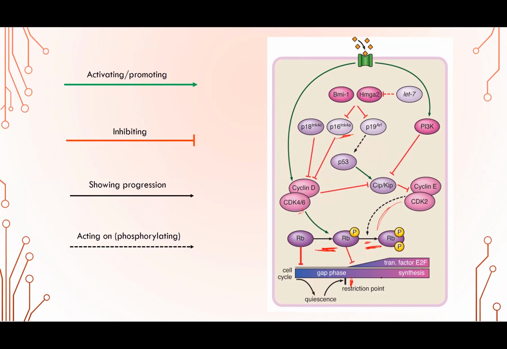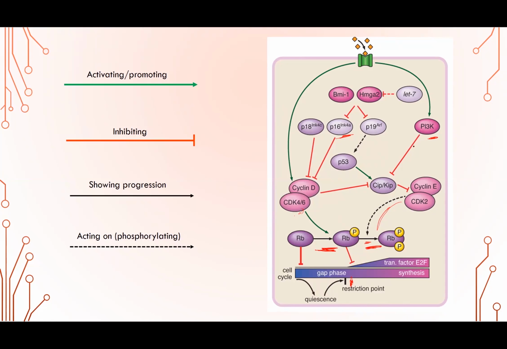Someone in the chat box asked, what about the PDK? It's pink, indicating it's a proto-oncogene, but it has an inhibiting red line. Oh, sorry, PI3K. Yeah, so these genes are proto-oncogenes, that's what they're meant to do, but in this specific metabolic cycle, the inhibiting and the promoting, it has a lot of different factors acting upon it.